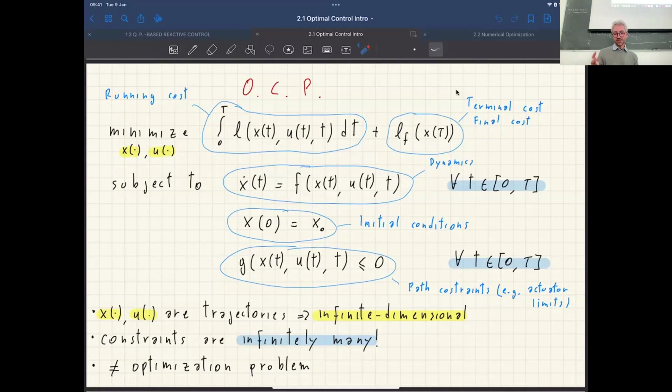And that makes this problem different from a standard optimization problem, where instead you have a finite number of constraints and finite decision variables. So the first challenge that we will need to deal with is exactly this one. How do we go from this formulation, which is very nice and general, but is intractable in practice because it's not something that we can take as is and pass to a solver and ask the solver to find a solution? We need to work a bit to make it tractable.